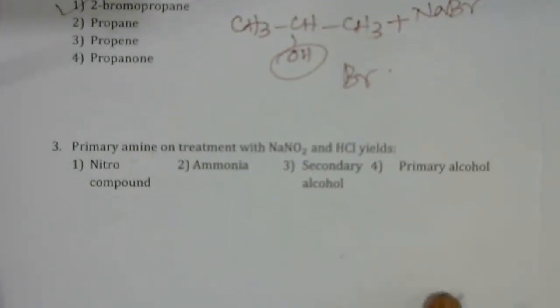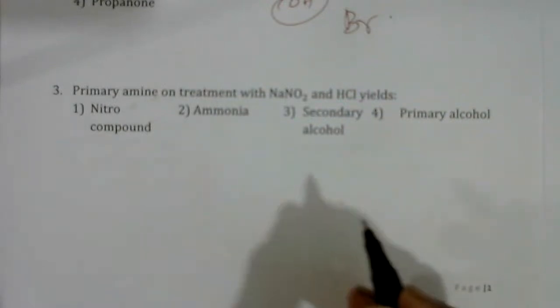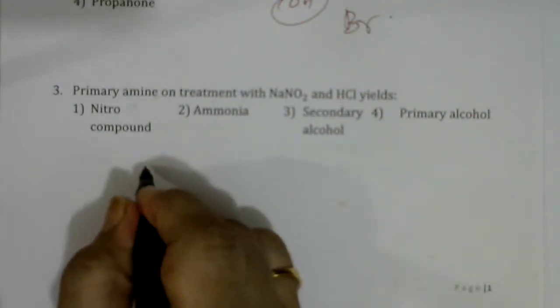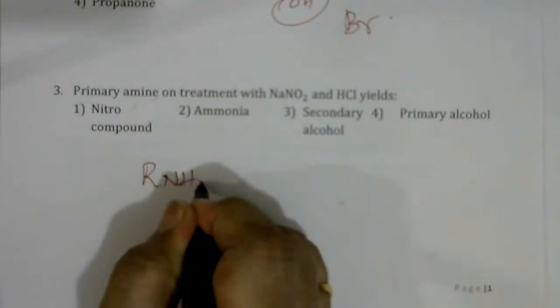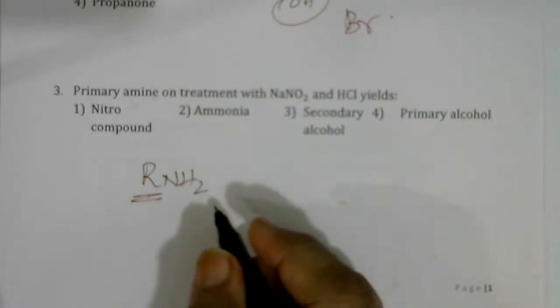Next, third question. Primary amine on treatment with NaNO2. We know very well that primary amine, they are saying, but you need to remember that it may be aliphatic or aromatic, they have not mentioned. But with respect to the options, we can come to know that this will be aliphatic.